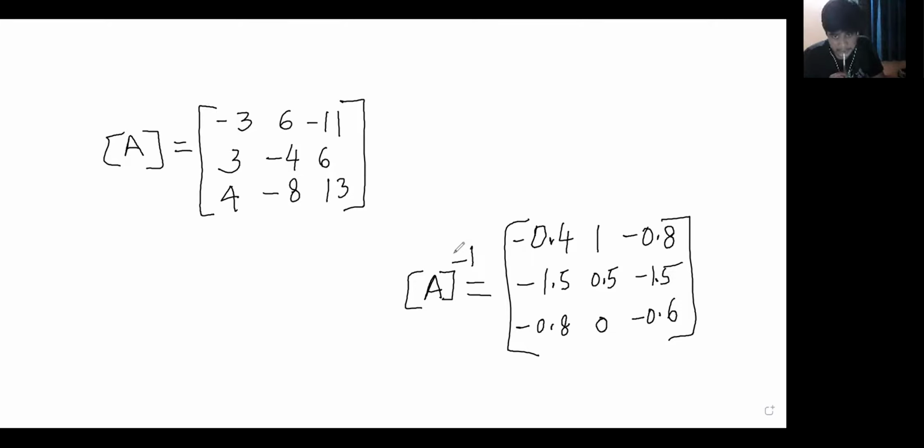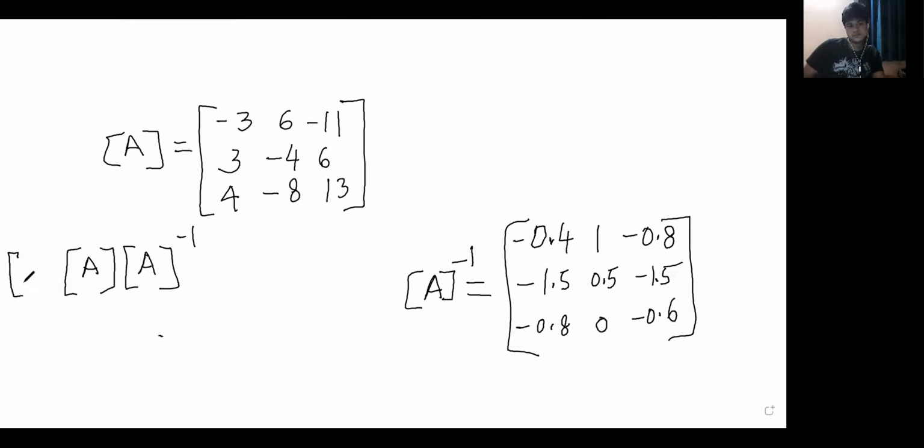Now, to check whether what you have calculated is right or wrong, you have to find out A into A inverse. This one, you can call it as a matrix B. Now this is a 3 by 3 matrix, this is also a 3 by 3 matrix, and this is also 3 by 3.